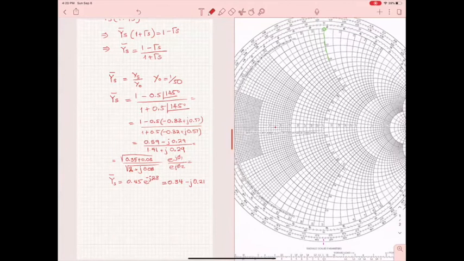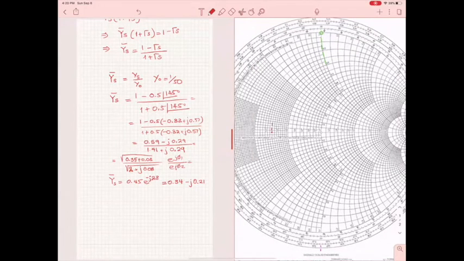All right, so all of the points along this circle have the same normalized conductance values.